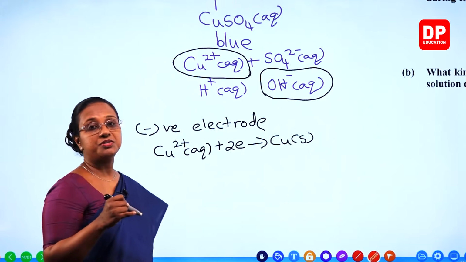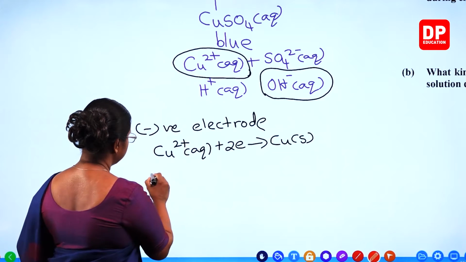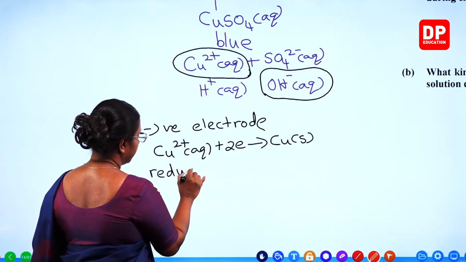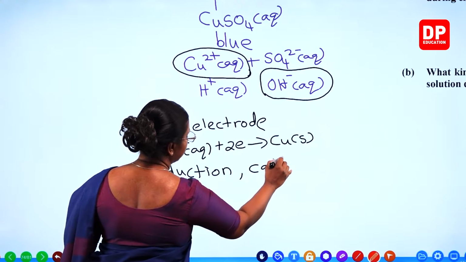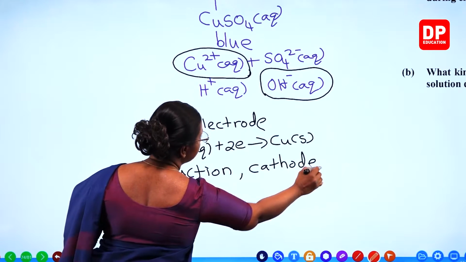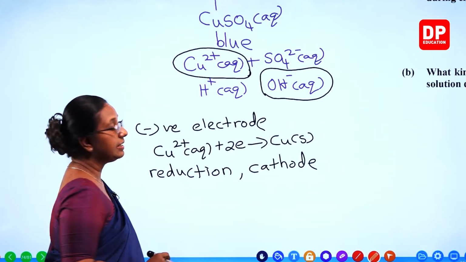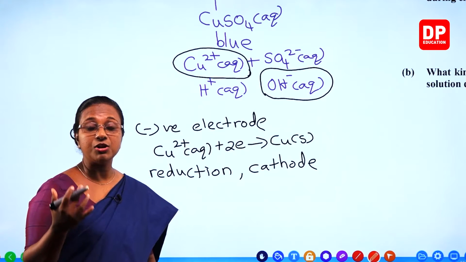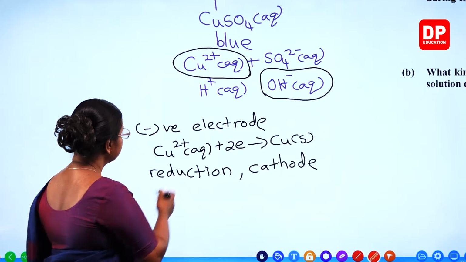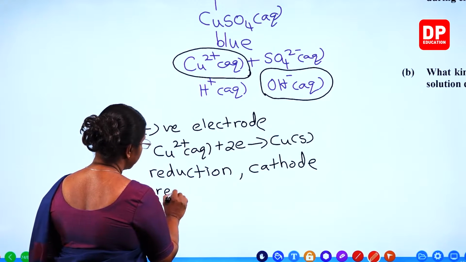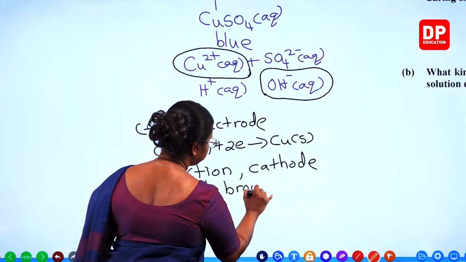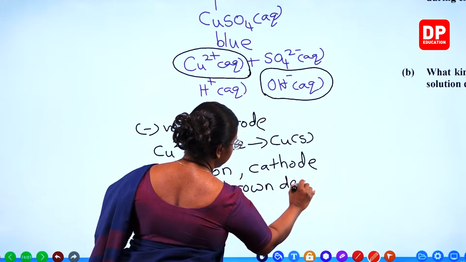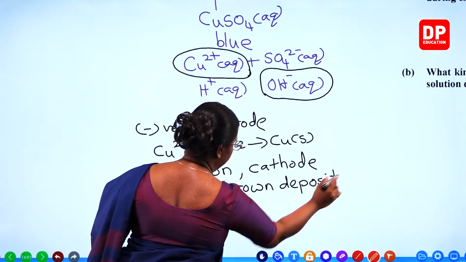So, copper deposits at the cathode. Now, this is reduction. That means it is the cathode. The negative electrode is the cathode here. So, copper will deposit at the cathode and you all know it is a reddish brown color substance, a brown color deposit.